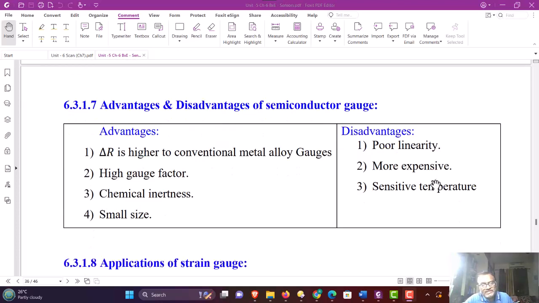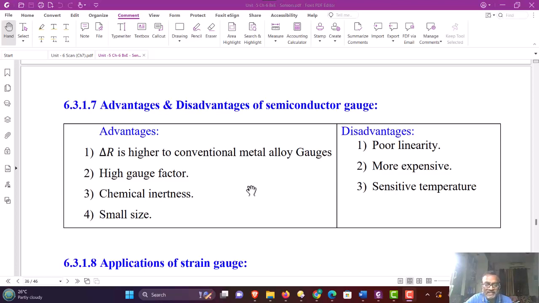Various advantages and disadvantages of semiconductor strain gauges. Advantages are that semiconductor strain gauges have larger delta R compared to metal alloy gauges, meaning they have a higher gauge factor. They are chemically inert, or the semiconductor gauge can be manufactured with chemical inertness.